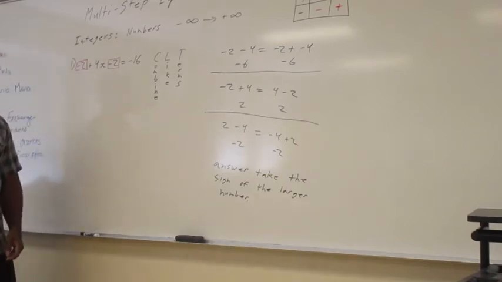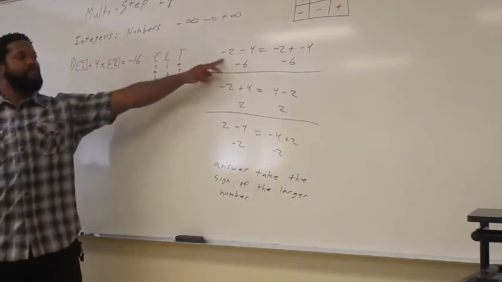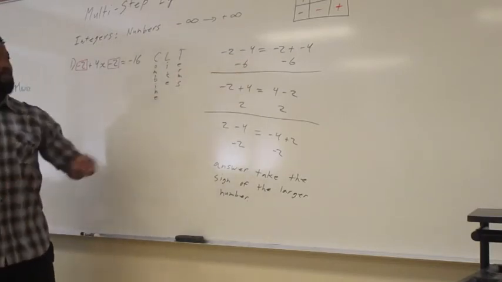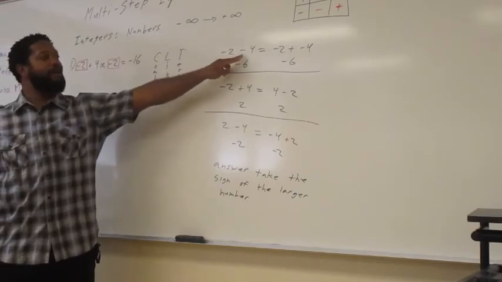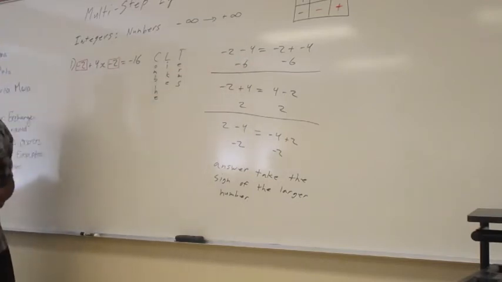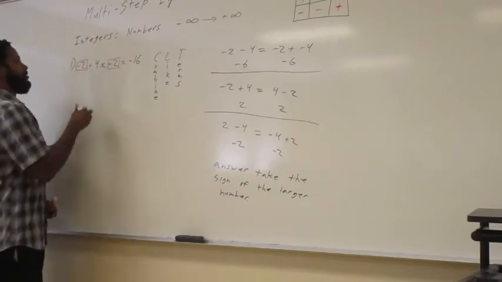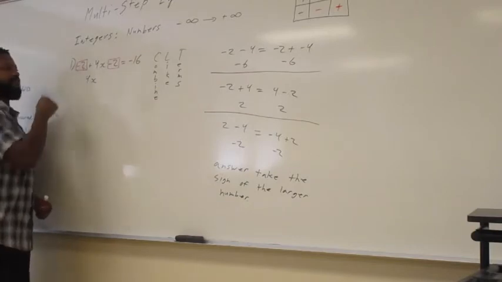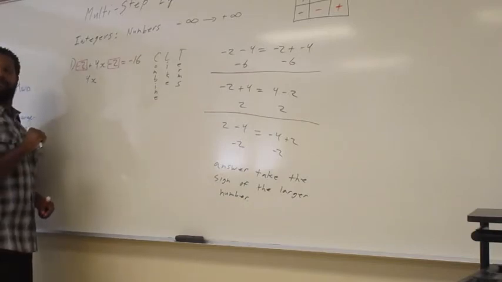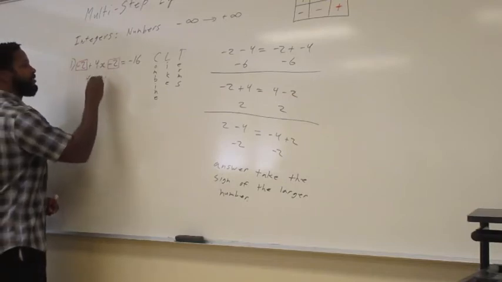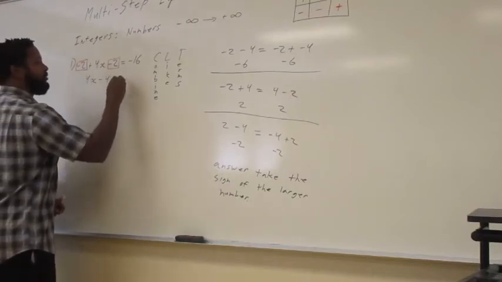Negative and a negative, -2 minus 2 is equal to -4. So we have 4x, bring the 4x down. What kind of 4x is that? Positive. Good job. We have 4x minus 4 equals -16.